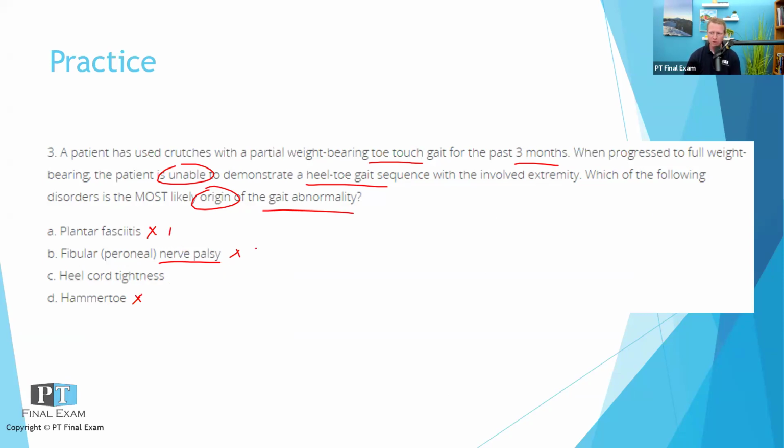A fibular peroneal nerve palsy would also result in lack of dorsiflexion, possibly. But the only thing that explains all of the symptoms would be heel cord tightness. So you give these imaginary points to each answer option, trying to identify the most correct one. It's a compare and contrast game, trying to find the one that has the most correct characteristics.